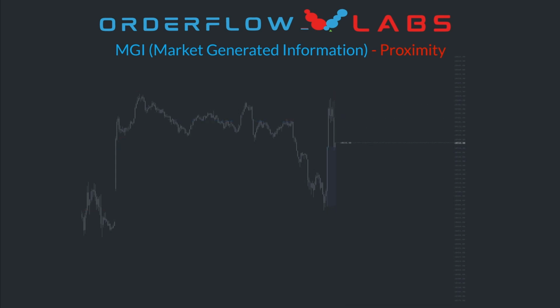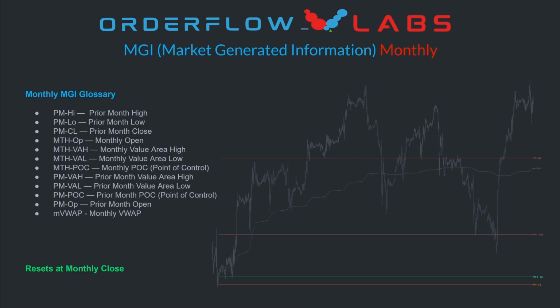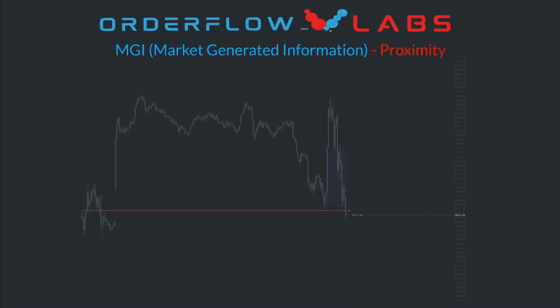And what this allows you to do is take, for example, your monthly MGI, which we don't interact with a ton. And so maybe you don't want to see it all of the time on your execution chart or other chart. And so you would use proximity and say, okay, well, when we're within 40 points or 10 points or some value that is important to you, then show me the line. Otherwise, I don't want to see it. So hide it. And that was the whole idea behind proximity.